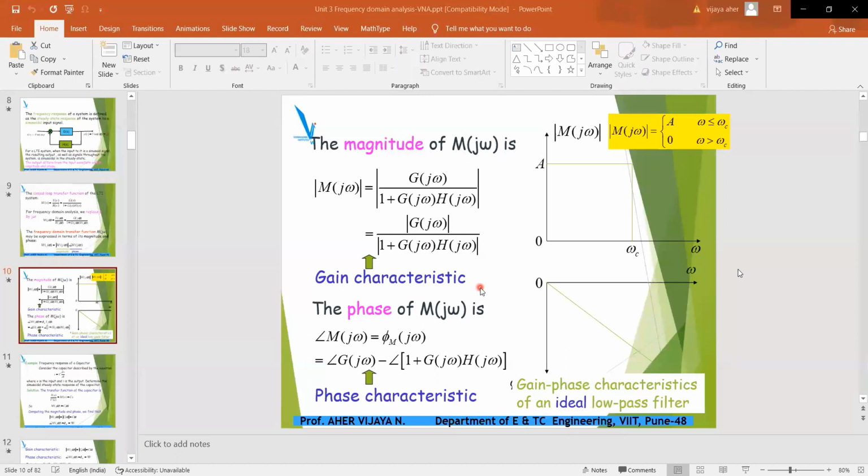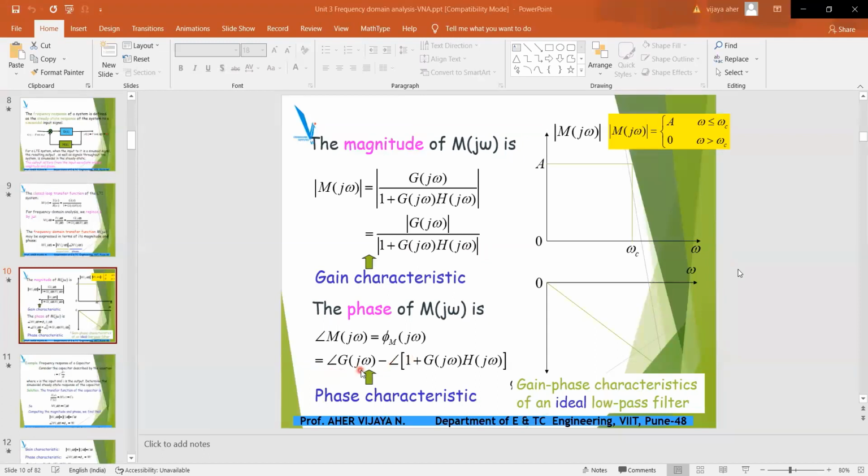Now let us talk about phase, the second part. You can calculate the phase of this M(jω), which is equal to the angle of M(jω). While taking the angle of this, you can write the angle of G(jω) divided by the term, you are going to take minus.